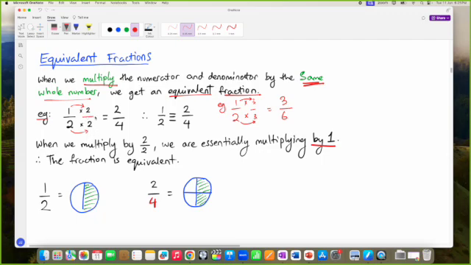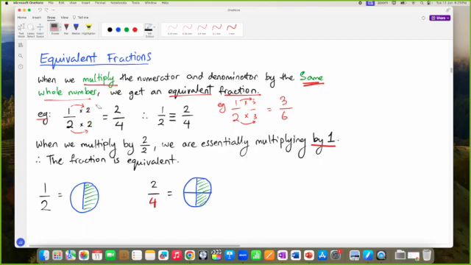If you put the 2 over the 2, that is 1, because 2 into 2 is 1. So you're multiplying the fraction by 1, so you're not actually changing anything. Anything multiplied by 1 is itself.